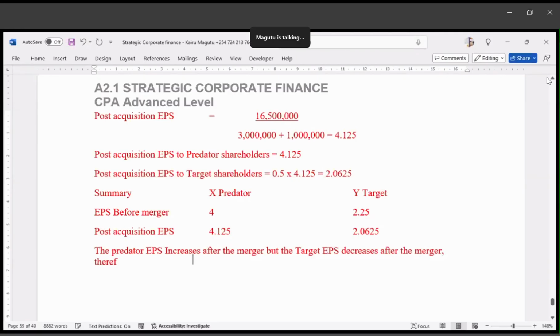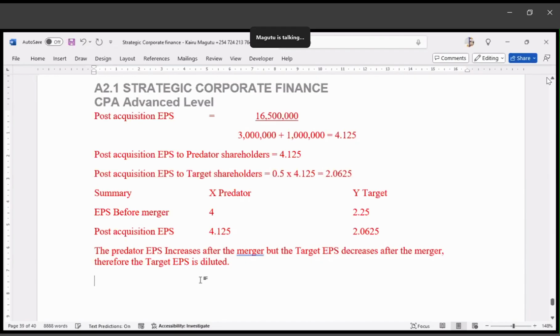Therefore, the target EPS is diluted. So they have lost. If they are going to get into this deal, they will have lost. And that is what we need to look at.